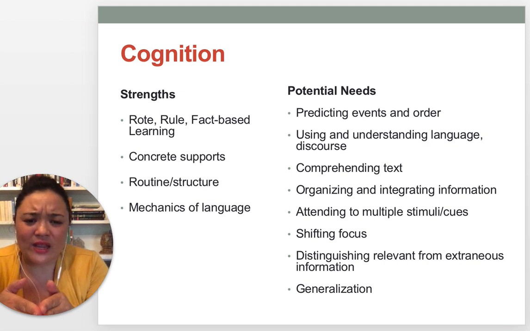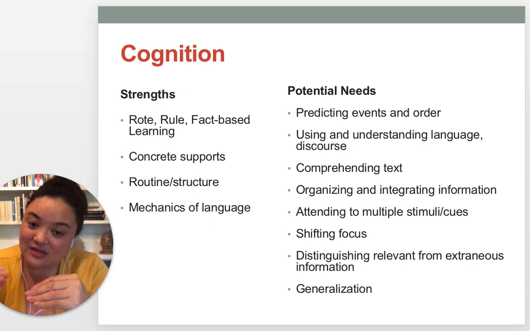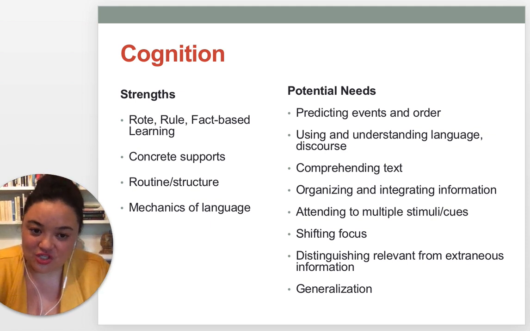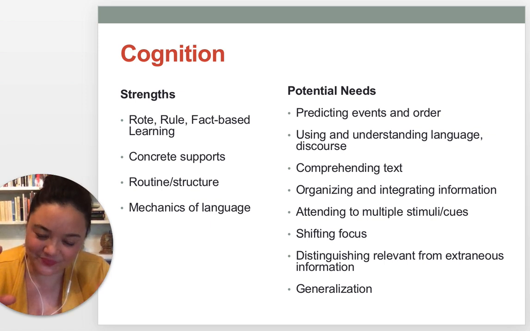Knowing what stimuli to focus on, distinguishing relevant from extraneous information. So you're reading a passage which has lots of great information, but then the teacher asks you a question that refers to just one part of that passage. How do you distinguish what is important to attend to versus what information is not as important to being able to answer this question? Okay.